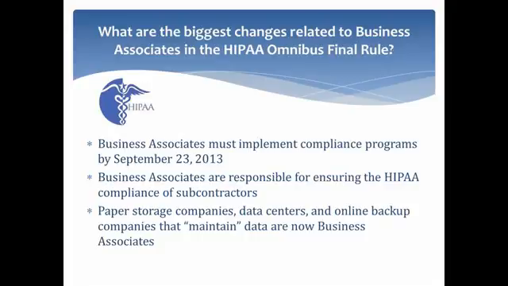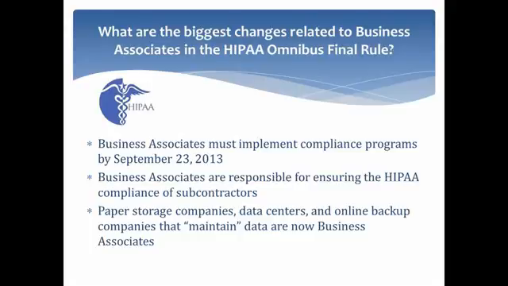And the third big change is that in the past, paper storage companies and data centers that did not actually access the protected health information were not considered business associates. So in the case of paper storage, they would pick up boxes of medical records and store them in warehouses.